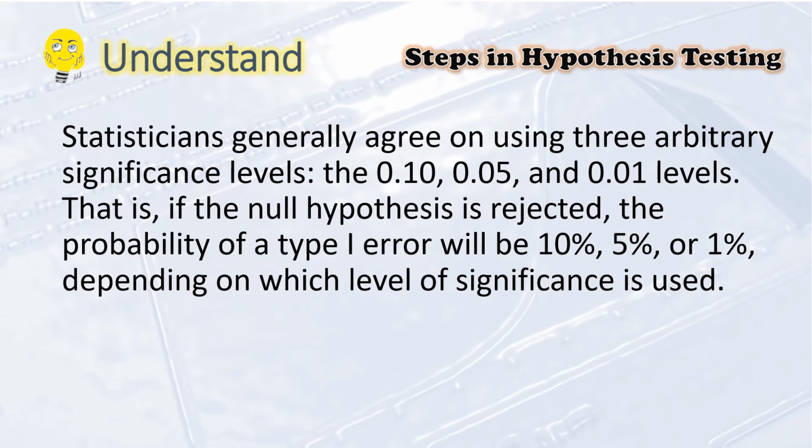Statisticians generally agree on using three arbitrary significance levels: the 0.1, 0.05, and 0.01 levels. That is, if the null hypothesis is rejected, the probability of type 1 error will be 10%, 5%, or 1%, depending on which level of significance is used.